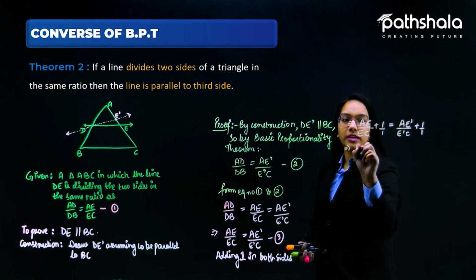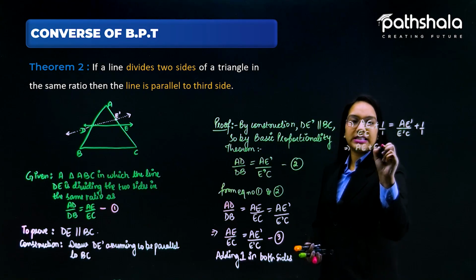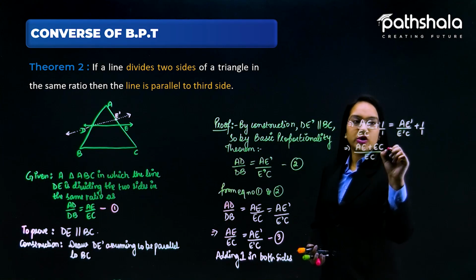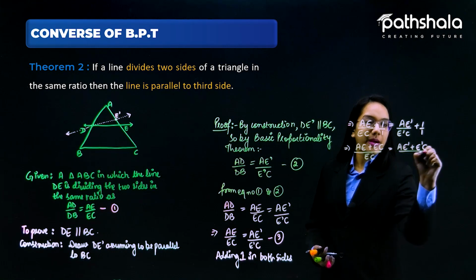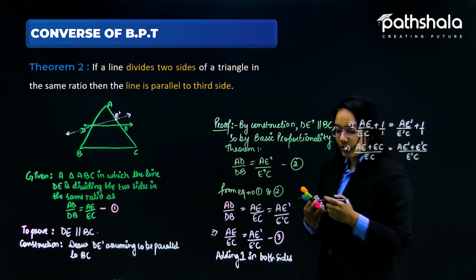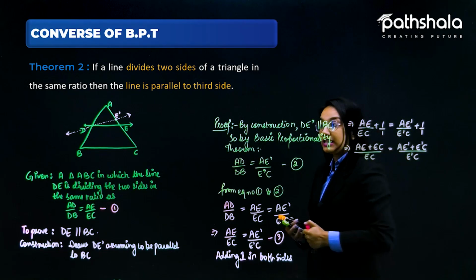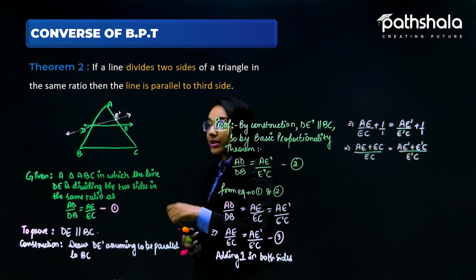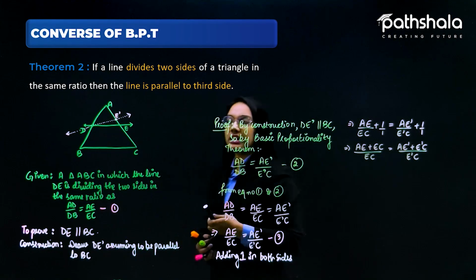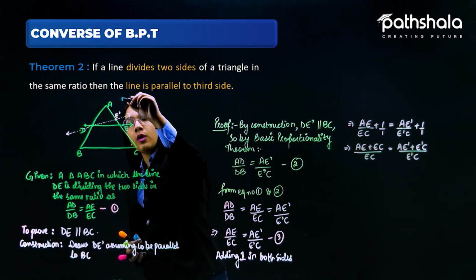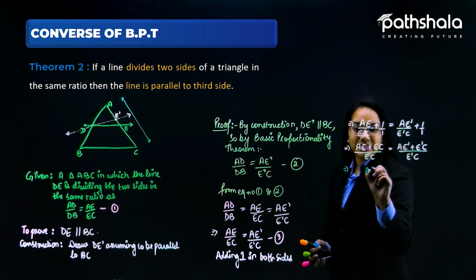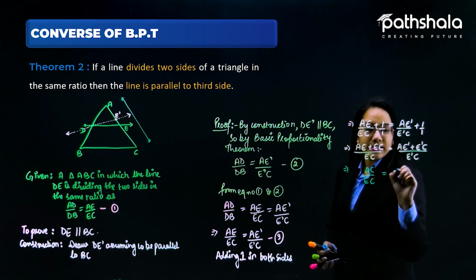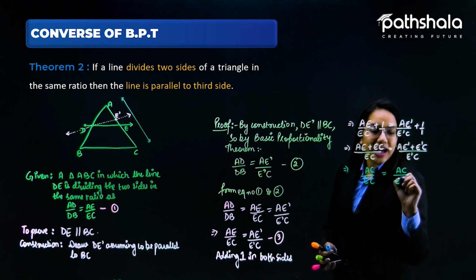This would be AE plus EC by EC, which is equal to AE dash plus E dash C by E dash C. As you can see, AE plus EC is the whole AC, so this is AC by EC, and similarly this is the whole AC by E dash C.